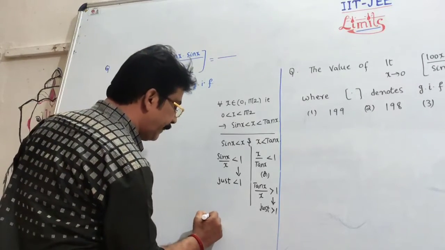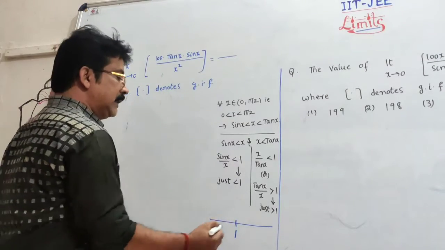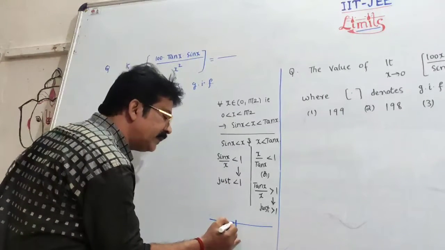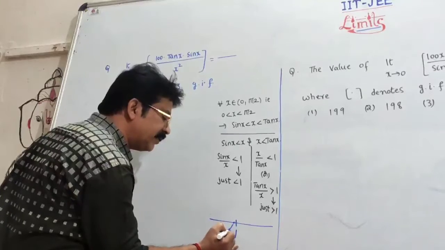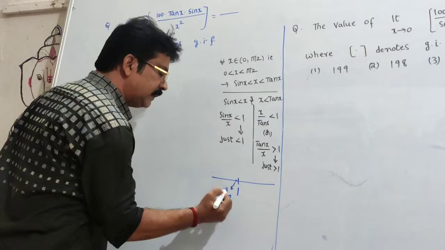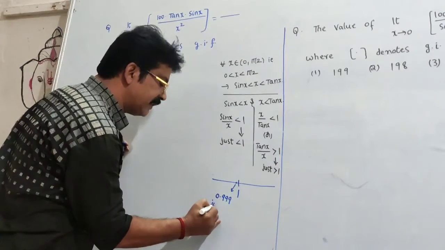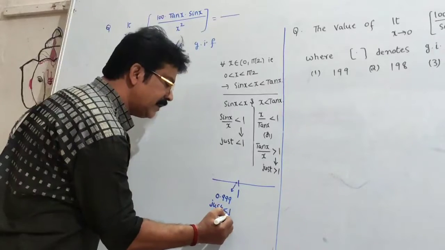Just less than 1, just greater than 1, what does it mean? For example, this is 1. Just less than means, for example, this point is 0.999, just like that. It is just less than 1.